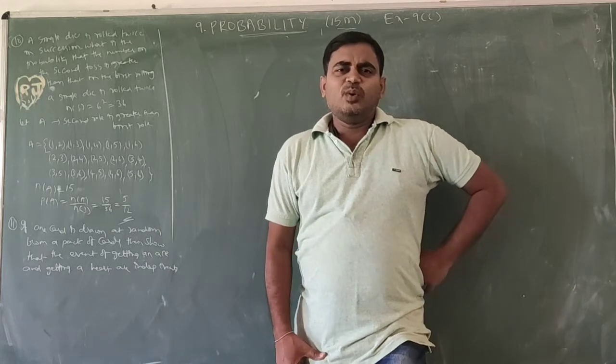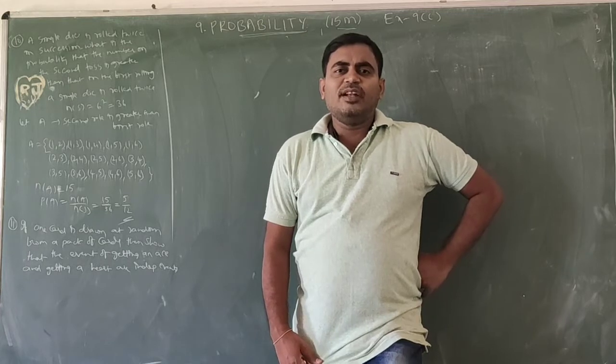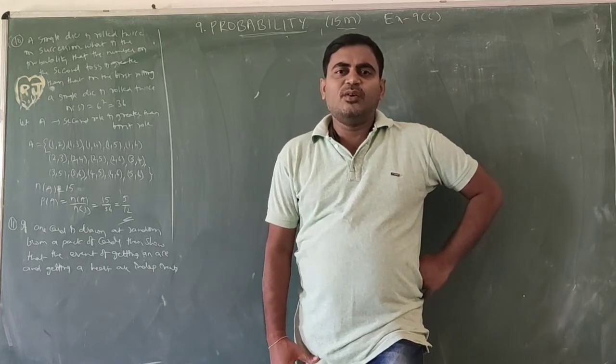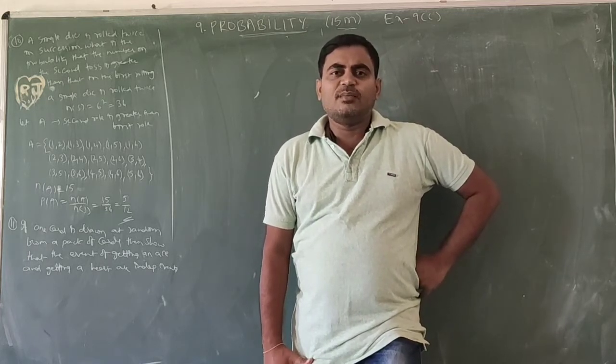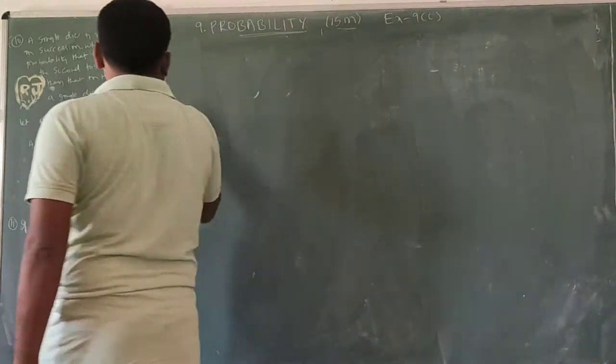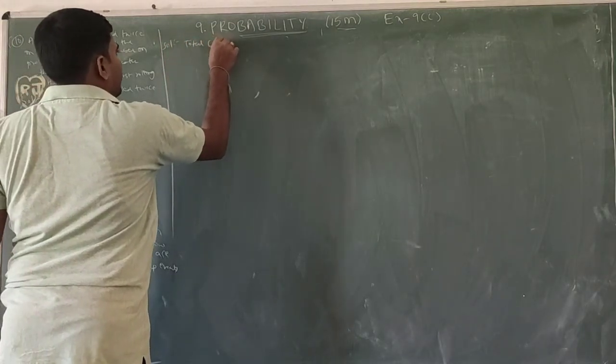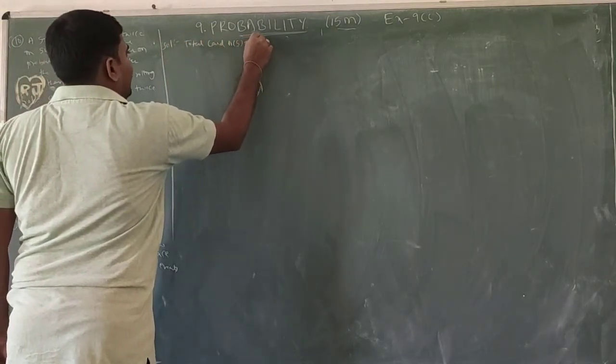So if two events are independent, then we need to prove probability of A intersection B equal to probability of A into probability of B. P of A intersection B equal to P of A into P of B. So I am taking the solution. Total cards N of S equal 52.